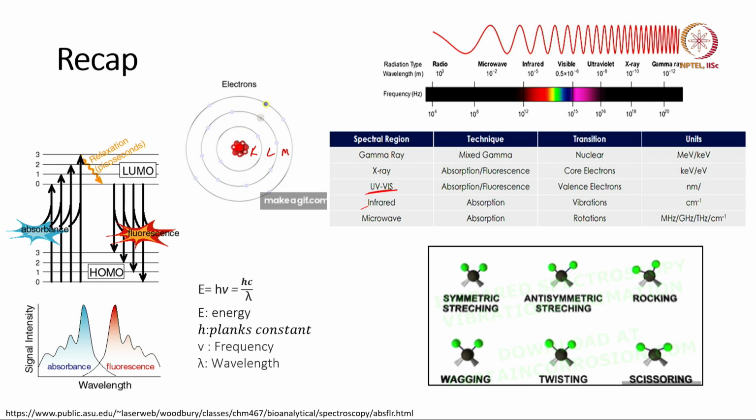We talked about a phenomenon called absorbance. Whenever a photon, energy in the form of UV and visible radiation, is incident on our material, our electrons from the initial state, which we call the ground state and represent as EG, absorb the energy and get excited to the excited state, which we call EE. This phenomenon is called absorbance.